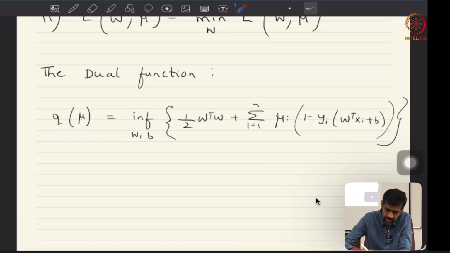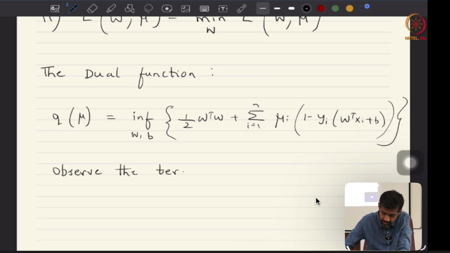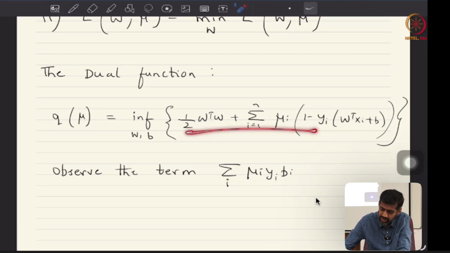Now if you look at the objective function, observe the term, the product of mu i, y i, b. We have this term inside the objective function: mu i, y i and b.